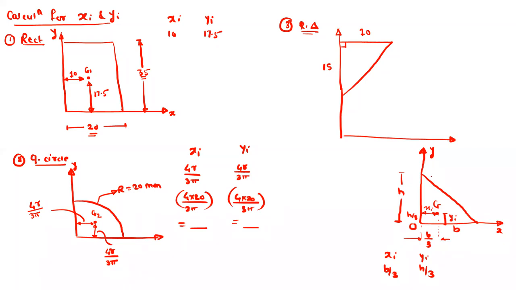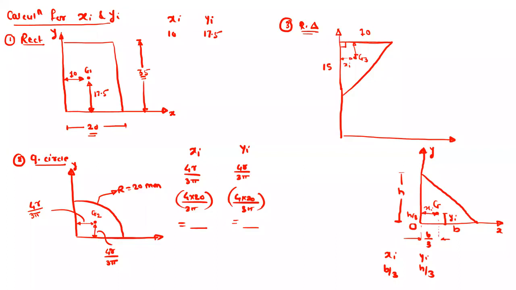By referring the standard formula, this is the position of center of gravity. Let us take this G3. This distance with respect to the y axis will be the x coordinate, xi. And this distance is the position of center of gravity with respect to this base.